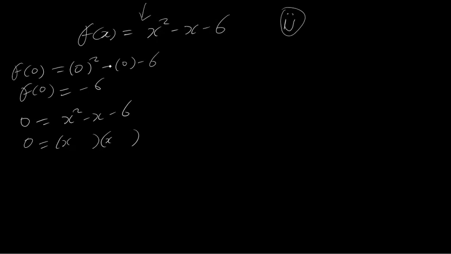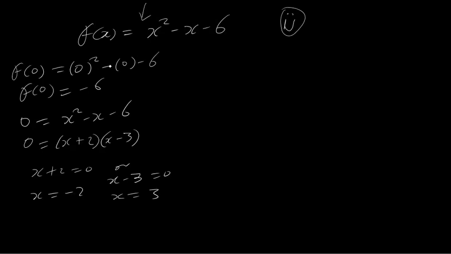In terms of the factorizing, I'm going to do another video to explain how to work around this. So for now, I'm just going to put our values. Then we'll say x plus 2 is equal to 0, or x minus 3 is equal to 0. Therefore, x is equal to -2 here, or x is equal to 3 there.